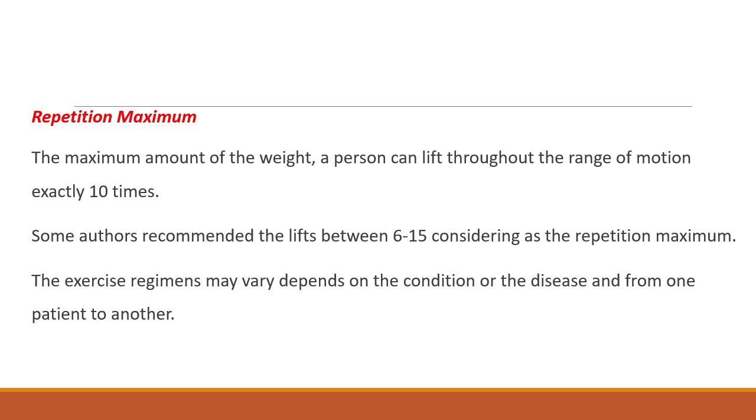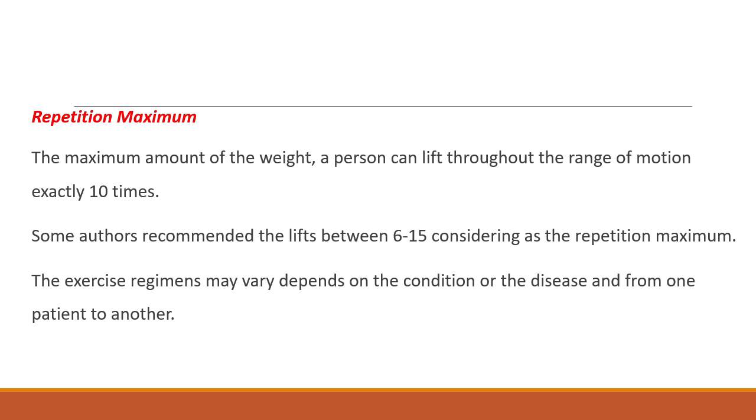Then repetition maximum: the maximum amount of weight a person can lift throughout the range of motion exactly 10 times. Others recommend lifting between 6 and 15 repetitions, considered as per the repetition maximum.